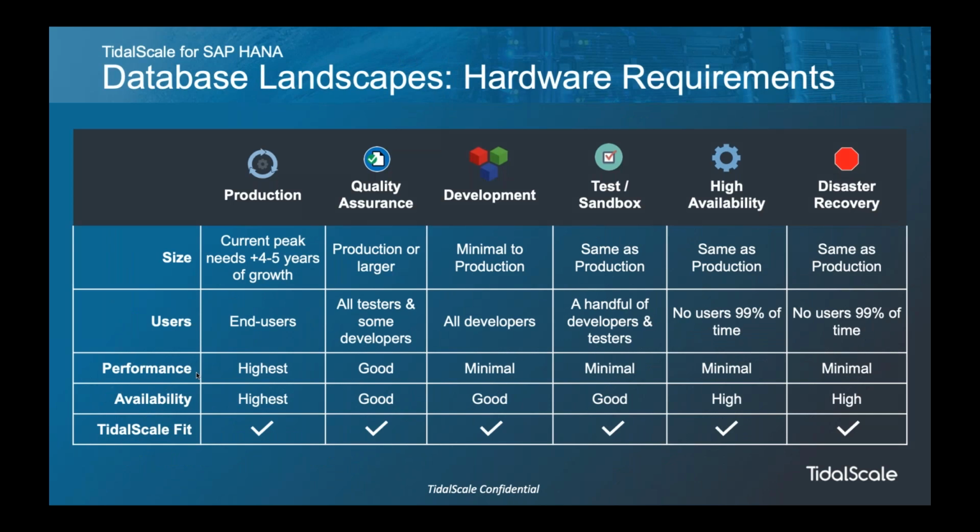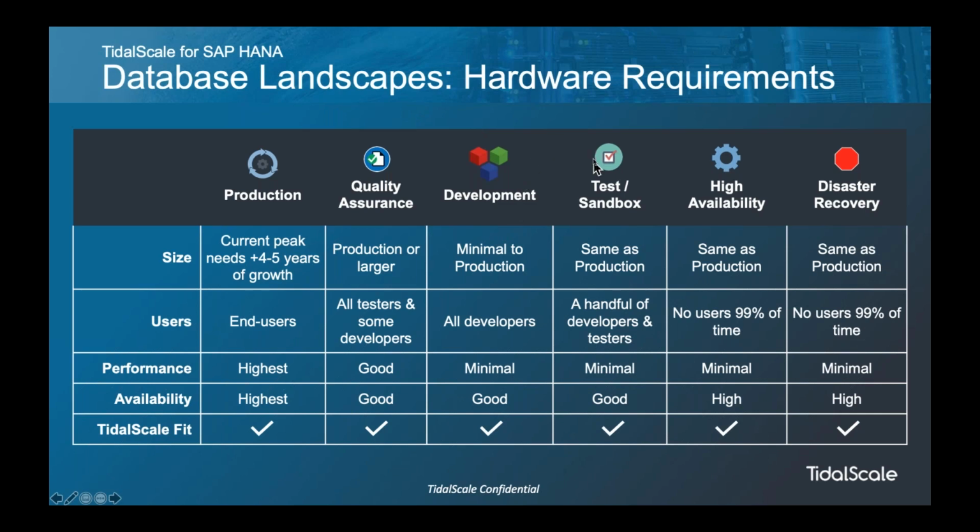Speaking of servers, one of the things I do want to talk about here is that I'm going to be talking about a software-defined server, but it is not just a single software-defined server that I'm discussing. I am looking at the entire landscape here. So when I talk about a single server, I want you to think about all the different ways that your landscape requires servers: production, quality, development. These are just your start, where everyone has to start. And this is, I would say, table stakes for what you need to have an SAP implementation.